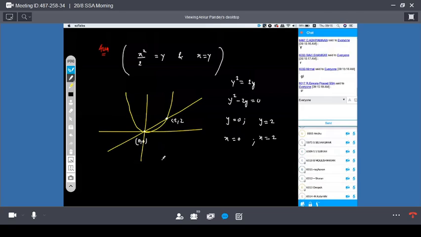You have to find this enclosed area. So again, same thing. From the area covered by the line, you will subtract the area covered by the parabola. Yes or no?